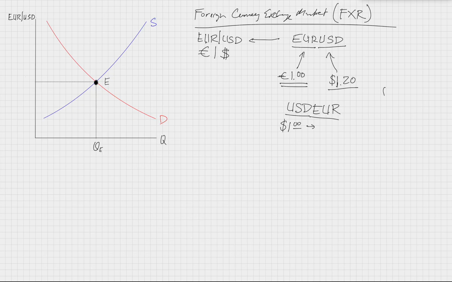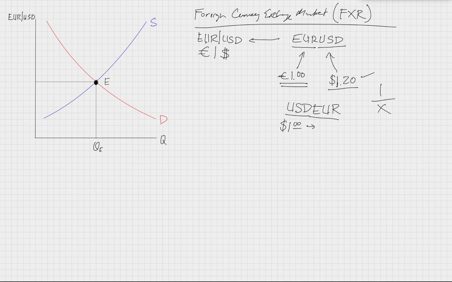It is just the reciprocal of your first number. So the reciprocal of $1.20 is, I'm going to say, probably 0.8 something.